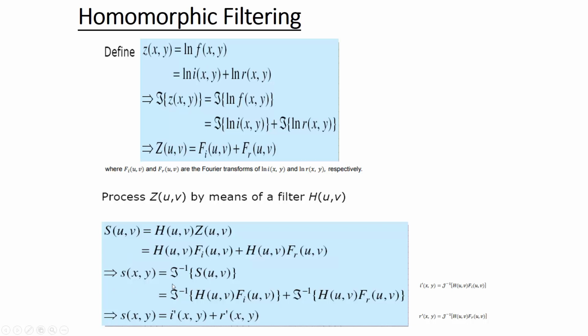So s of x comma y is equal to the inverse Fourier transform of H of u comma v F i of u comma v plus the inverse Fourier transform of H of u comma v F r of u comma v. The inverse of H of u comma v into F i of u comma v is equivalent to i dash of x comma y, and the inverse Fourier transform of H of u comma v and F r of u comma v is equal to r dash of x comma y.